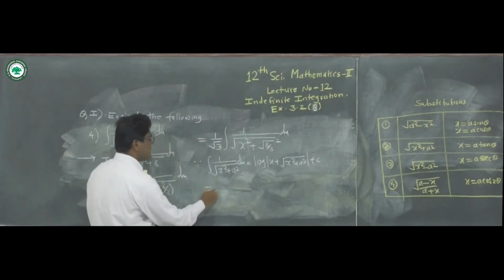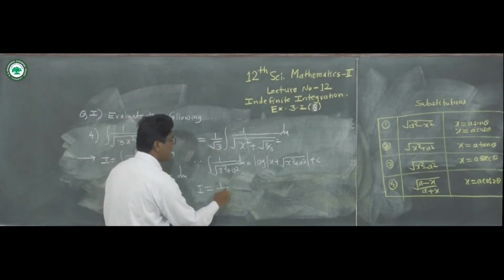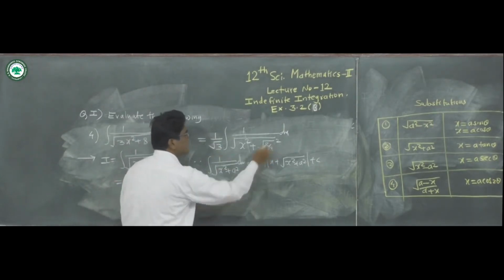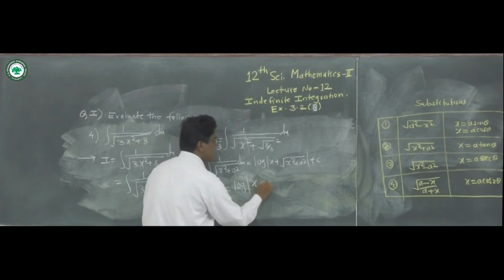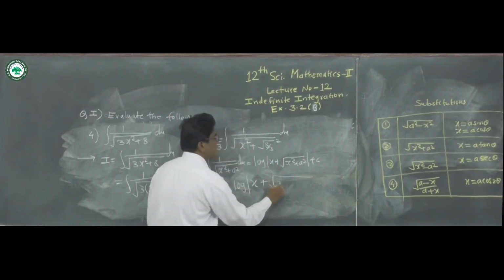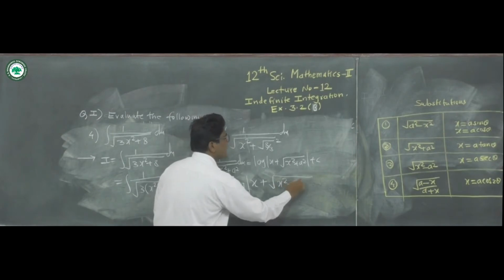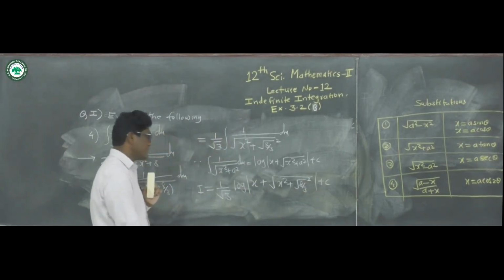And therefore the required integral I is equal to 1 upon root 3 as it is, and now use the standard formula, log of x plus root as it is, so root of x square plus root of 8 upon 3 square, plus constant of integration. This is the final solution.